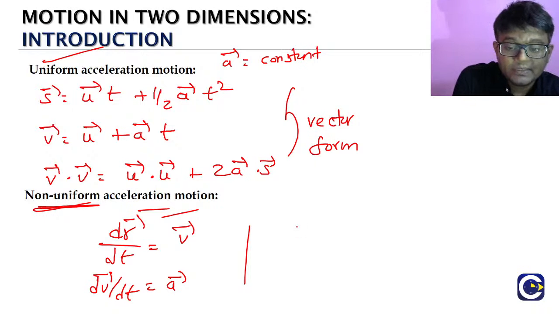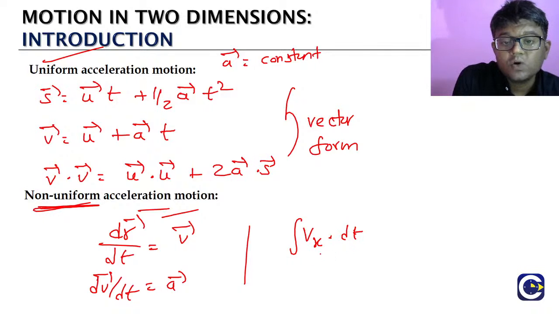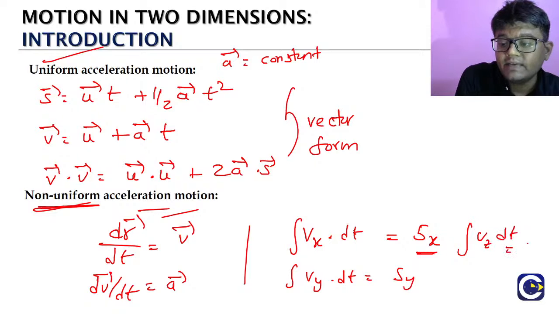Now when it comes to integration, we will have to do it separately. For example, integral vx dt. Vx means what? Velocity x component. That will be giving us sx, the displacement along the x-axis. Integral vy dt will be giving us what? Sy. Integral vz dt will be giving us what? Sz.